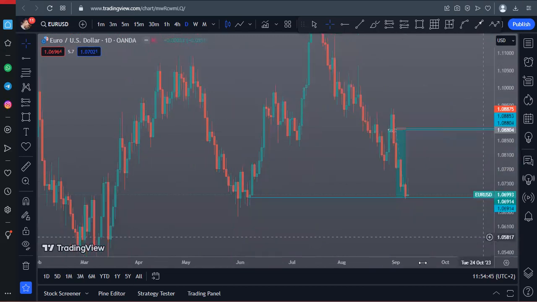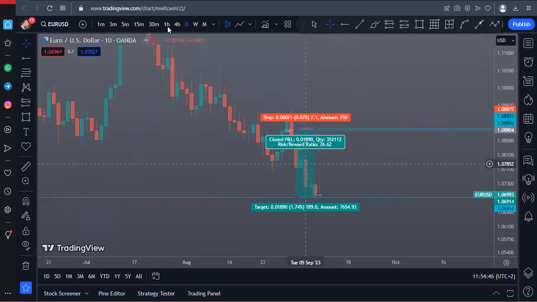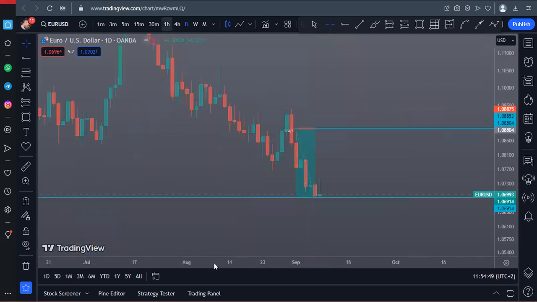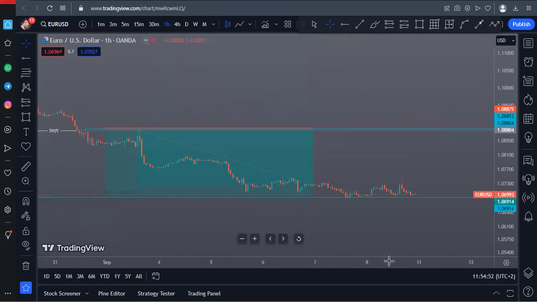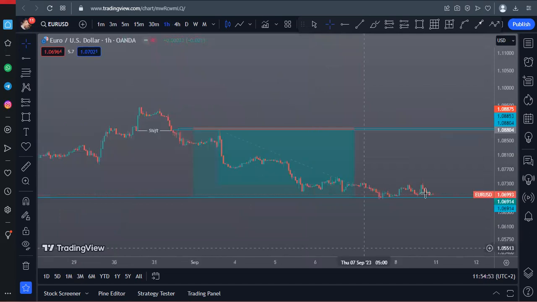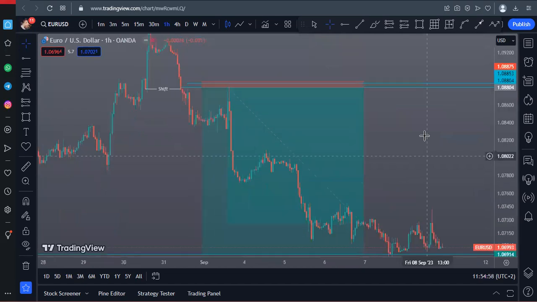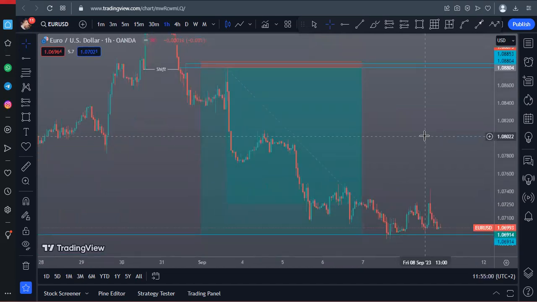That's how we took the entries. Otherwise, nothing difficult there. All you have to do is just be patient enough to hold trades. As long as you know what you're doing, you're certain on what you're doing, then everything will be straightforward. No fear, you have nothing to fear.